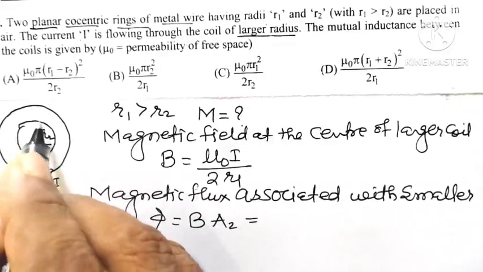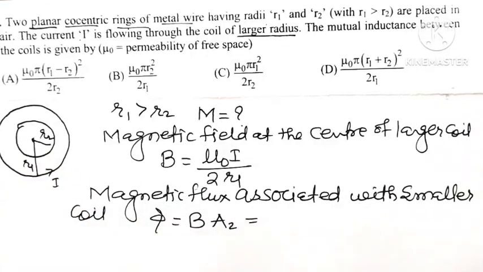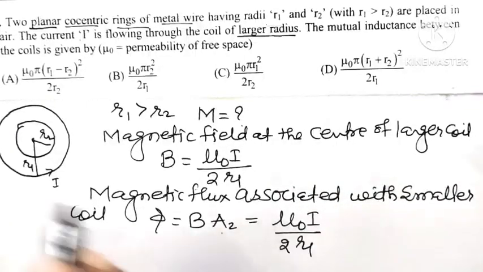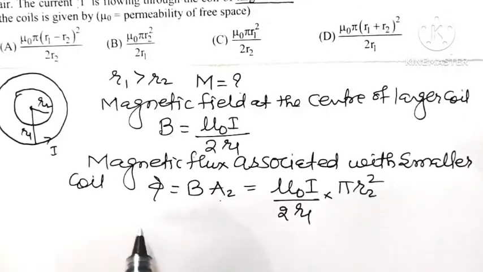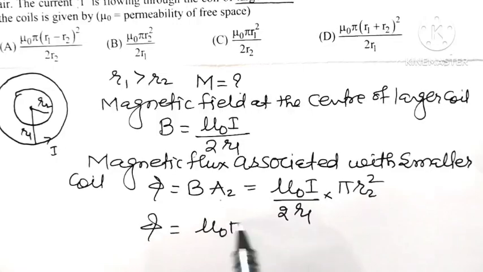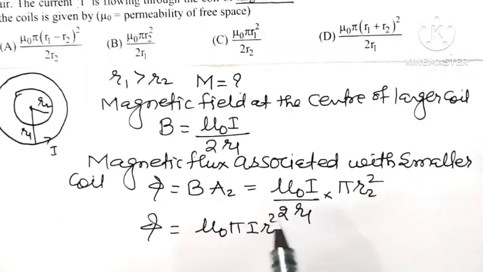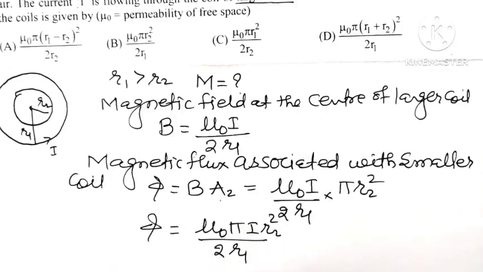The same magnetic field is passing through the coil of smaller radius, so it is mu 0 into I divided by 2r1. The area of cross section of the smaller coil is pi r2 square. So the flux associated with the smaller coil is mu 0 pi I into r2 square divided by 2r1.